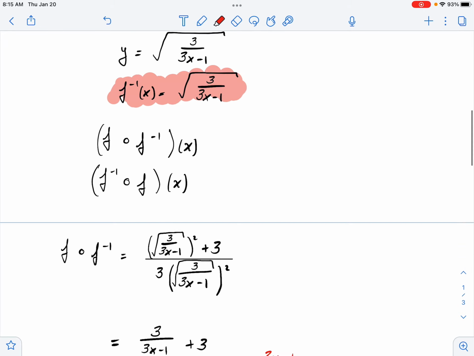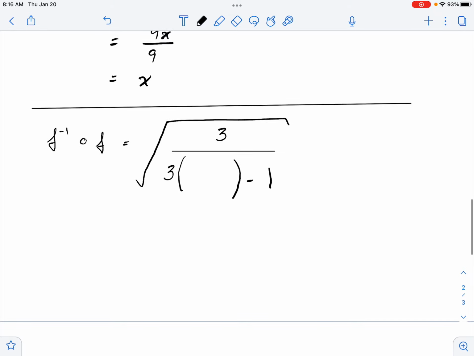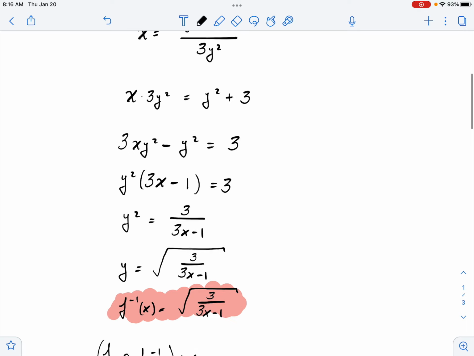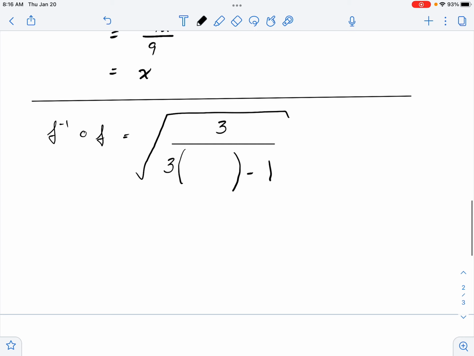So it's the square root of 3 over (3x minus 1), but I'm going to replace x with my function f of x. And so again, that function is (x squared plus 3) over 3x squared.